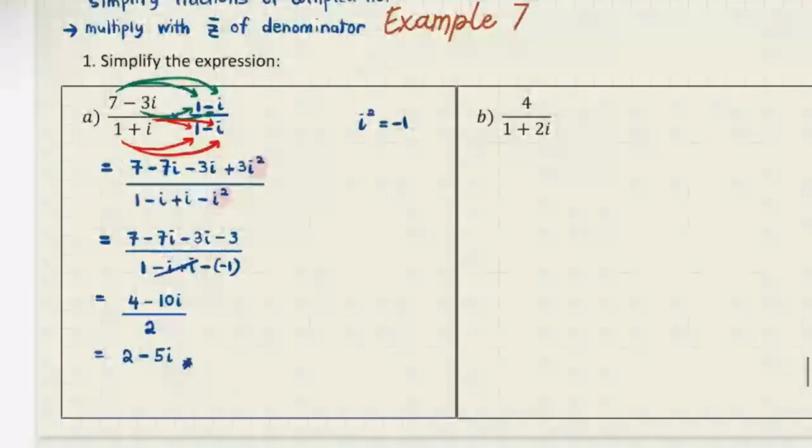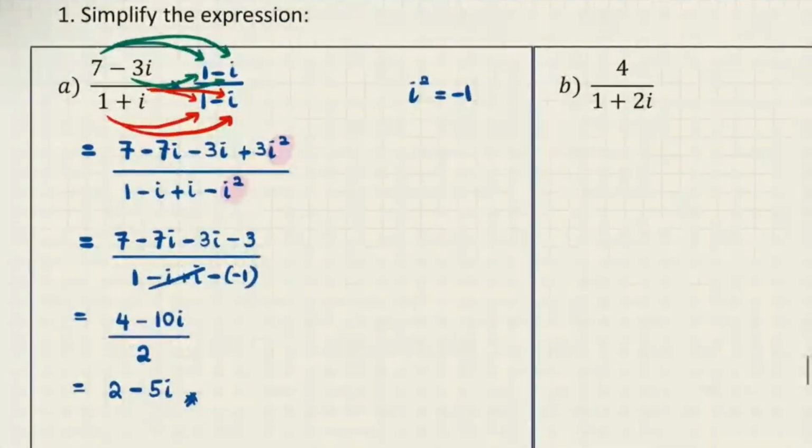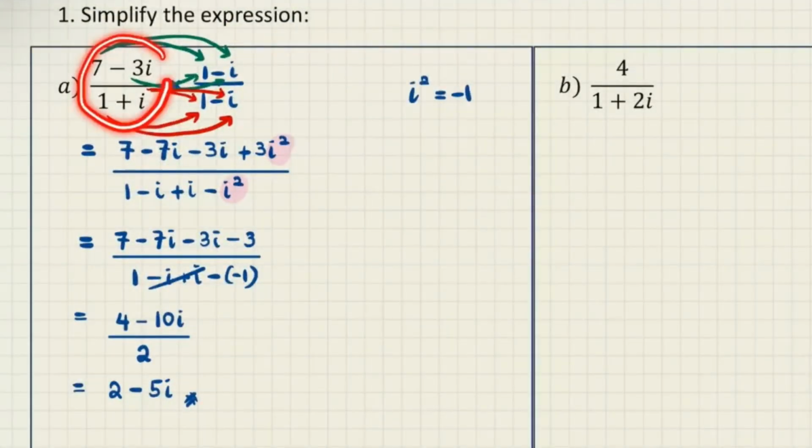So kamu akan nampak kat sini, nampak tak? Daripada complicated fractions, yang mana denominator dia adalah complex number. So setelah kita simplify dengan darabkan with the conjugate, so this complex number now can be written as 2 tolak 5i.